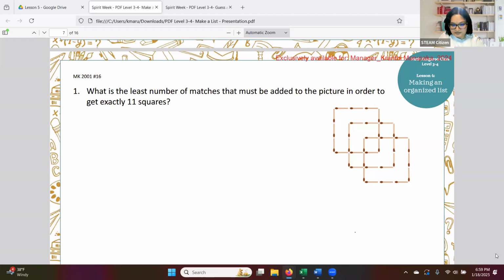So that in itself of counting, I have 3 big squares, 2 medium squares, 3 small squares, is an organized list that will make you 100% sure of how many squares are currently there. And without knowing that, you cannot answer how many more do I need to get to 11, right? So that's where the organization of putting it into a list format helps, to be sure. Kinnara, you got it now? You were almost there. One match short.